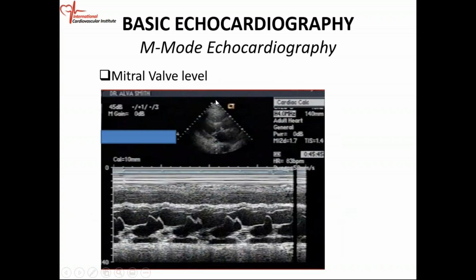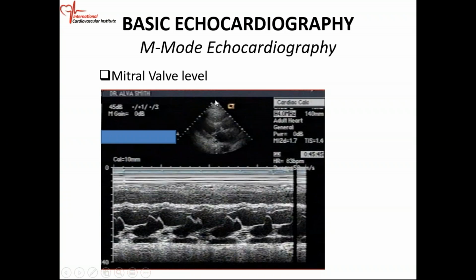So we move from the mid LV cavity to the M mode at the mitral level. So if you look at your cursor, the cursor is coming like this. Okay, your transducer is right there. The transducer, remember, emits ultrasound.